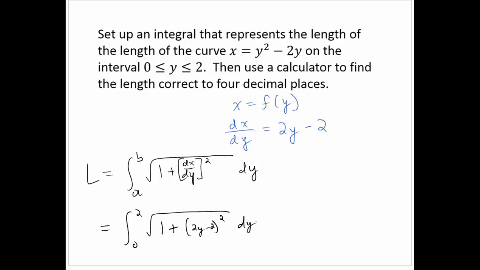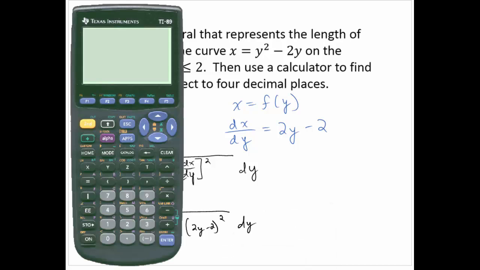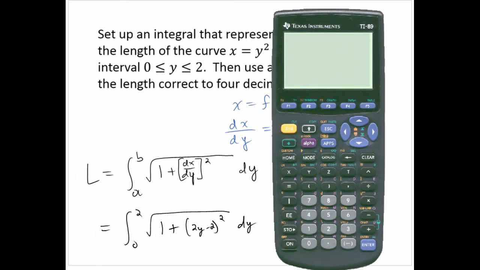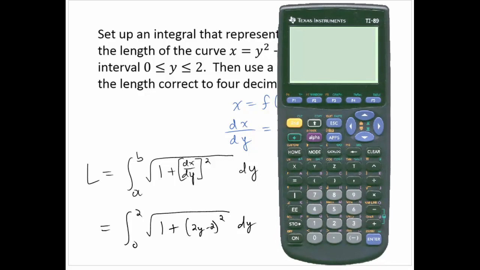So now I'm just going to use the calculator to evaluate that integral. All right, so I'm not going to actually use the arc length feature. I'm just going to go from the home screen and evaluate this integral. So I'll bring up my integral symbol, second, 7.